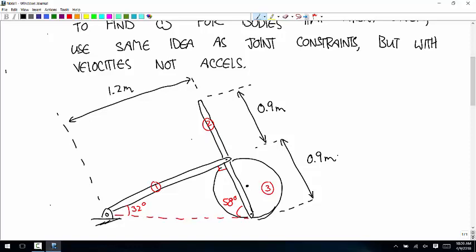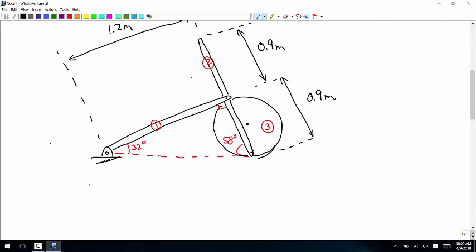The disk has an angular velocity, which is a vector. If our coordinate system is oriented like this, then the angular velocity vector of the disk is 0, 0, -5.